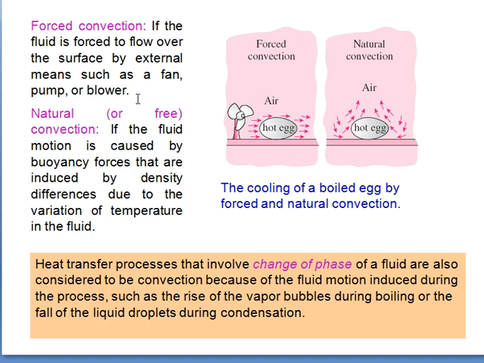If the fluid motion is caused by buoyancy forces that are induced by the density difference due to variation of temperature in the fluid, that is, the movement of the fluid takes place naturally, free of external forces, then that is natural convection. We can take it here: this is forced convection, where the fan blows air over this object, and here the air is moving naturally over that one, so that from this hot object to the surrounding air, the heat transfer takes place.